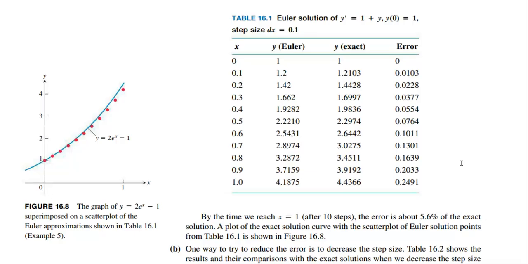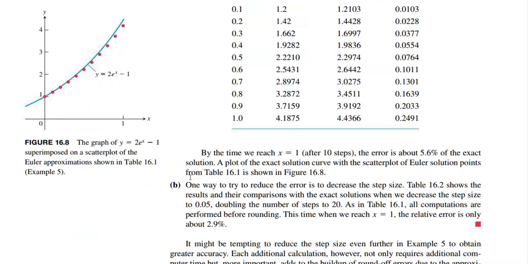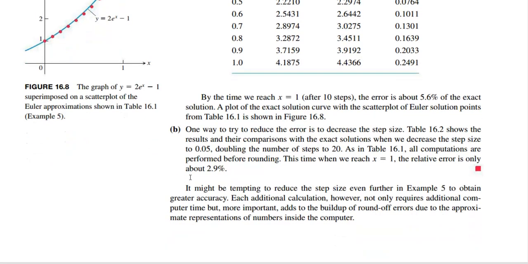A plot of the exact solution with the scatter plot of Euler solution points from table 6.1 is shown over here on the left. Now for (b), we said that we shrunk the step size down to 0.05. Table 16.2 on the next page is going to show those results and their comparisons with the exact solutions when we decrease the step size, doubling the number of steps to 20.